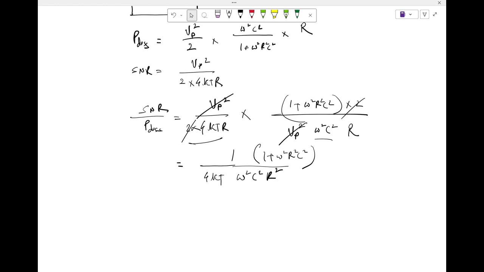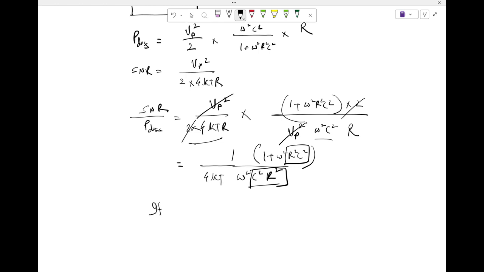Which means that if we increase R, we'll have to decrease C and vice versa, right? We want to keep CR constant, correct? So this is not a free variable. So RC is constant. If this is constant, then you see this ratio of SNR by P dissipation is constant, right? Does that make sense?